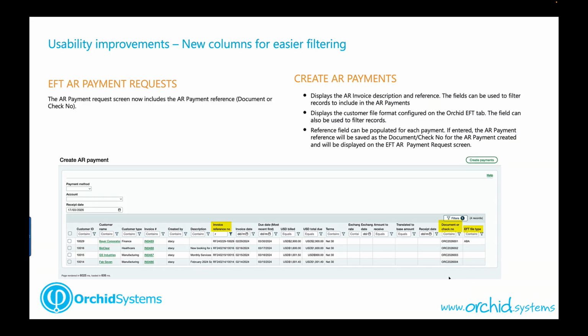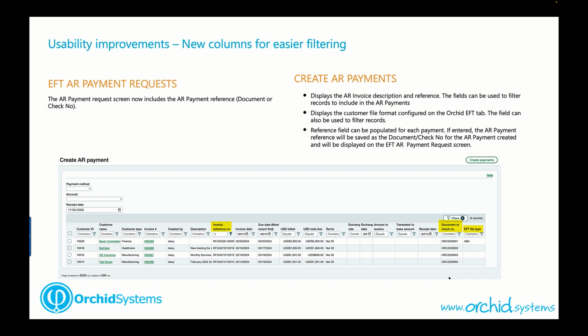You can use ORCID's EFT processing to create EFT files for direct debit of customer bank account. We've added the AR payment reference, so the document number or the check number, to the EFT AR payment request, where you select which payments you want to include in your direct debit file.